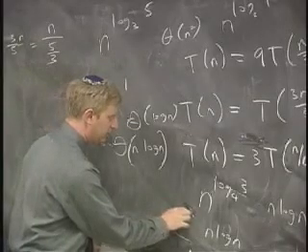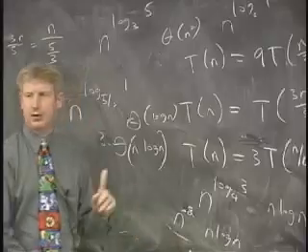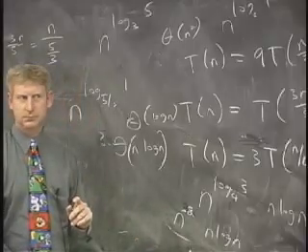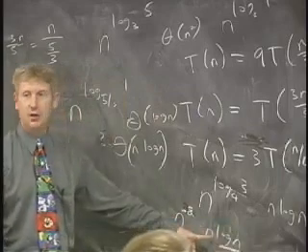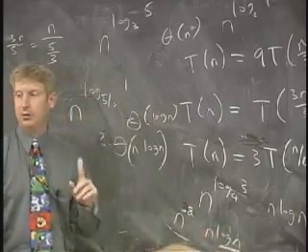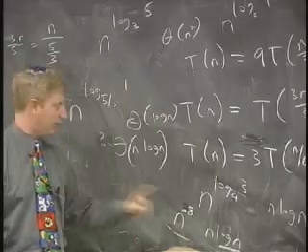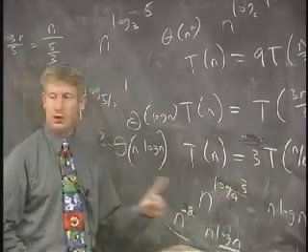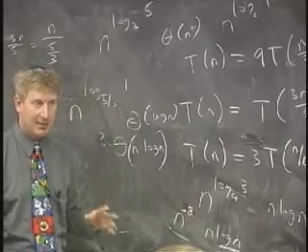This is 0.8 or something, right? So is this polynomially bigger? Yes or no? Well, it's certainly log n bigger, but it's also n to the 0.2 bigger, right? It's n to the something bigger. It's the difference between log base 4 of 3 and 1. So you do have that little bit extra that you can still grab onto.